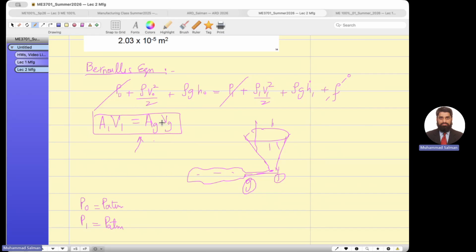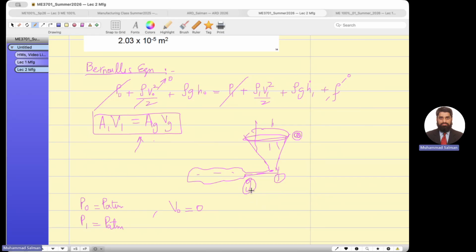Now, what is the velocity of the molten fluid at zero? When it starts pouring, you assume it is negligible, like zero velocity. So can I write that V at zero of the molten iron is zero? It is just to start, like you are just pouring it from a bucket into the sprue. So this is zero. And how about the height?